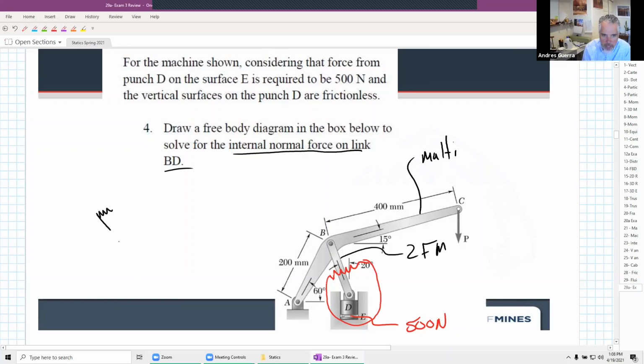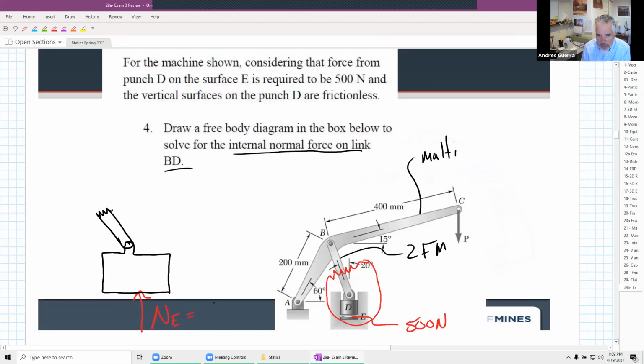We cut through that right there, and then we're leaving this pin attached because we want to incorporate this 500 newtons along the base here. If this is a normal force, it's got to be acting as a pushing force, and so we're going to have the normal force at point E right there.